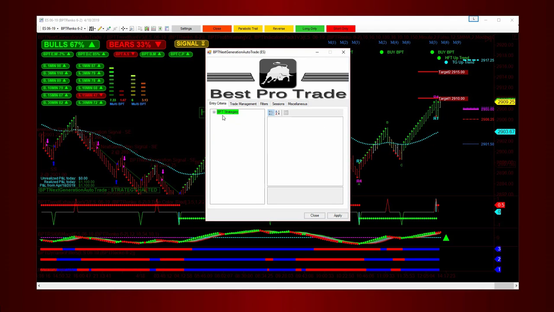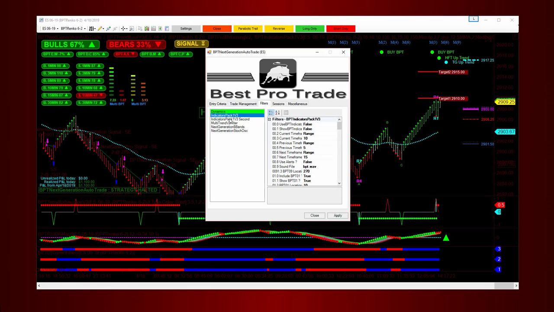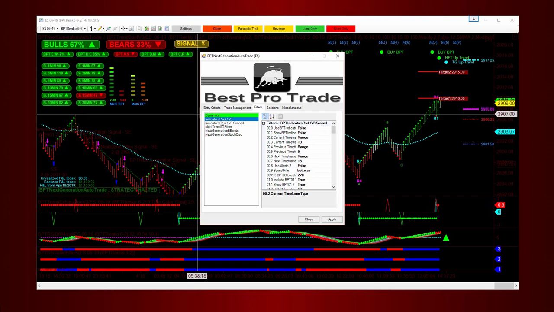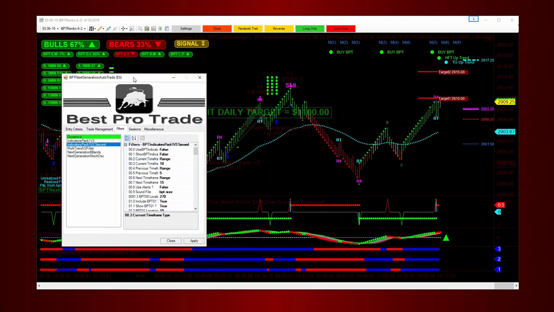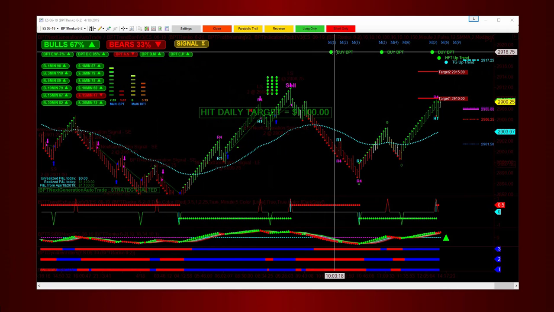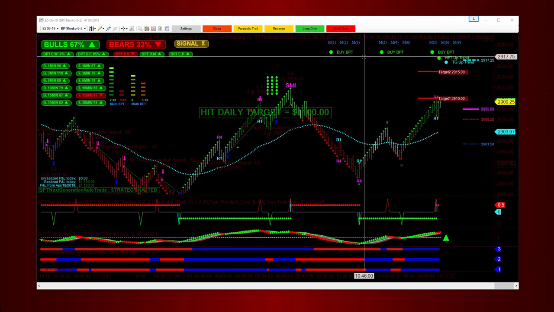So here is your entry, and then you have the filter, the indicator pack 1 and pack 2 here. So those here, you can use range, you can use minutes, you can use Renko, you can use ticks. Those are the two filters here, the indicator pack. It is right there, 1, 2, and 3, and you can use two of them.